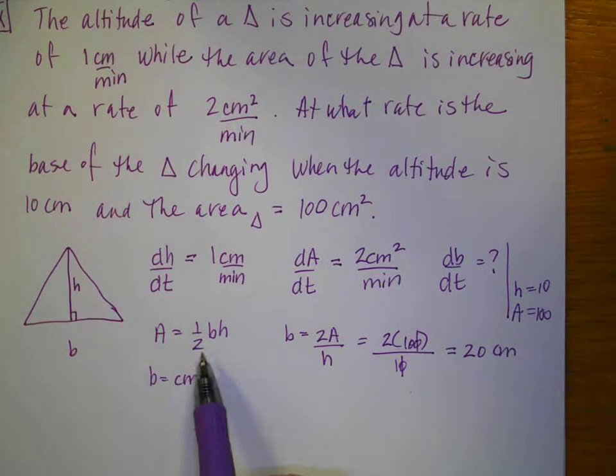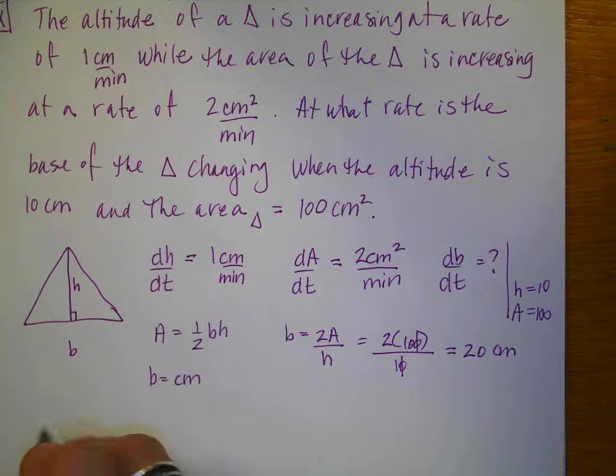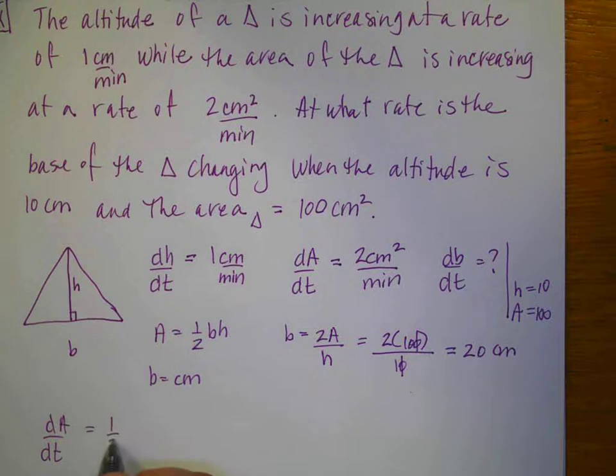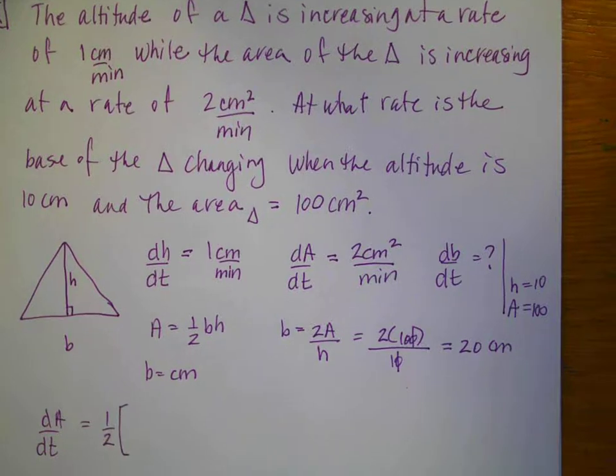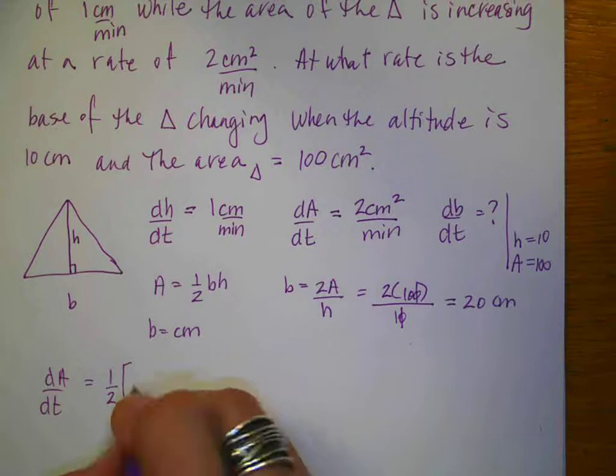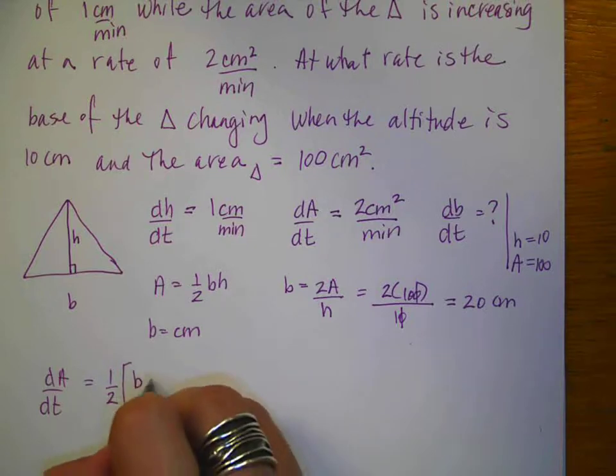Whew, that was rough. All right, so now I'm going to use my handy-dandy little formula, and I'm going to start taking the derivatives of everything. So I get that dA dt, because the area is changing with respect to time. The half is going to stay out here.